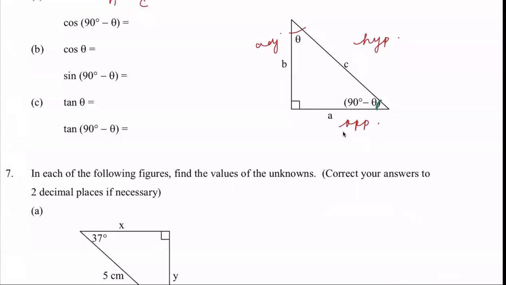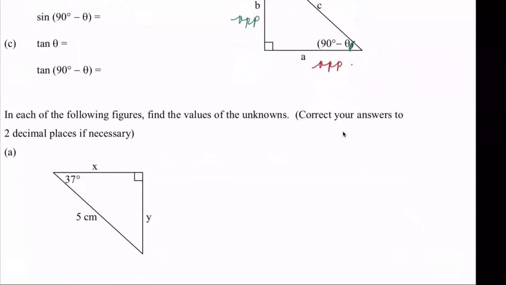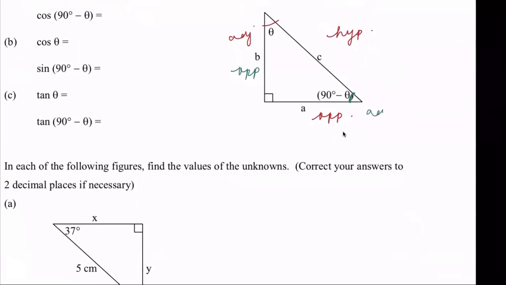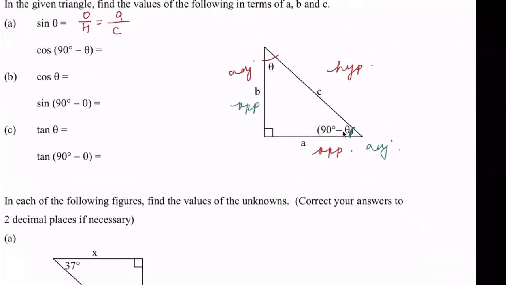If this is the reference angle, then B will be the opposite side and A will be the adjacent side. So cosine of 90 degrees minus theta is A over H, in green, which is A over C.